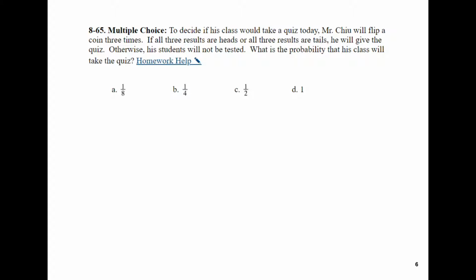So when we take a look at this problem, the chances of his first flip are a 50% chance that he will get heads or a 50% chance that he will get tails. We then need to do our second flip. We have a 50% chance again that we will get heads, a 50% chance for tails.